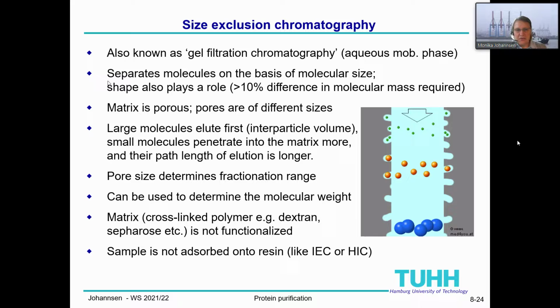Size exclusion chromatography enables the separation of molecules on the basis of their molecular size. Shape plays a role too, but usually it's more size. And what is important: to be able to separate two different proteins, we need at least a difference of 10% in molecular mass.